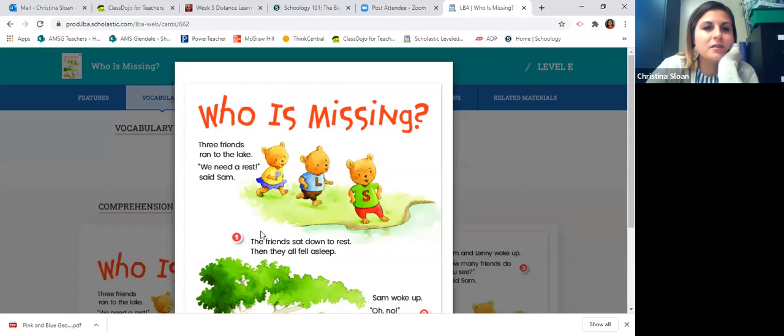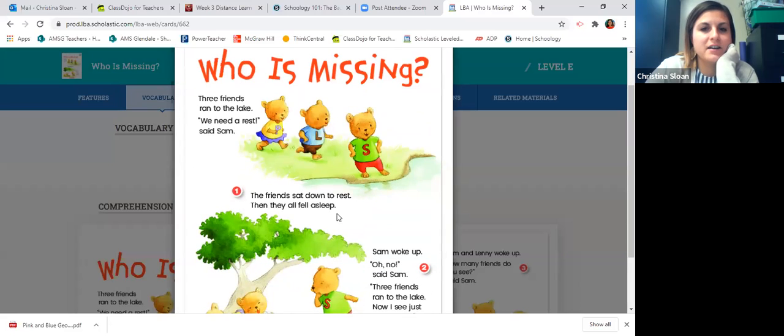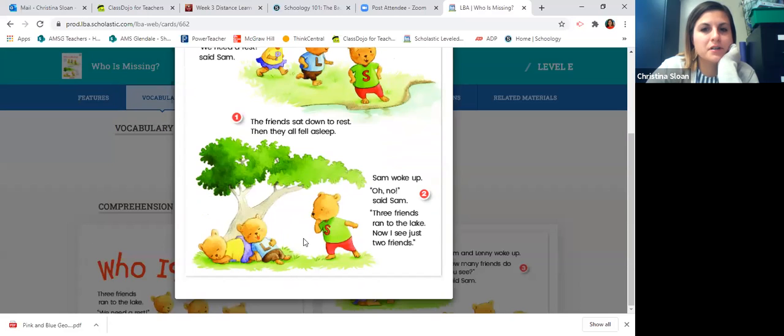So, who is missing? 3 friends ran to the lake. "We need a rest," said Sam. The friends sat down to rest. Then they all fell asleep. Sam woke up. "Oh no," said Sam. 3 friends ran to the lake. Now I see just 2 friends.